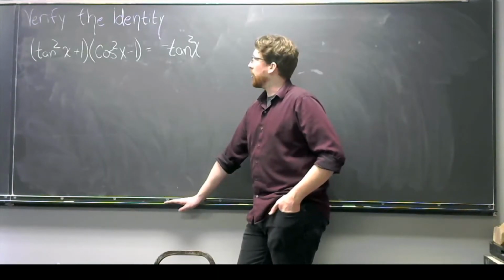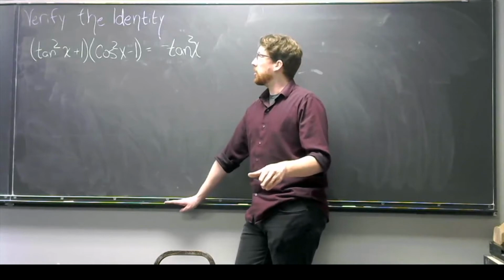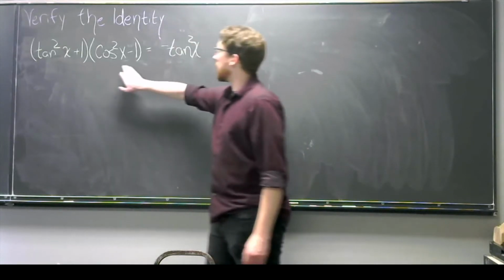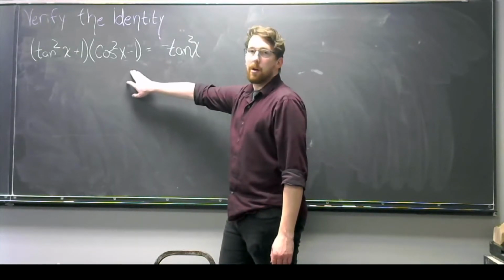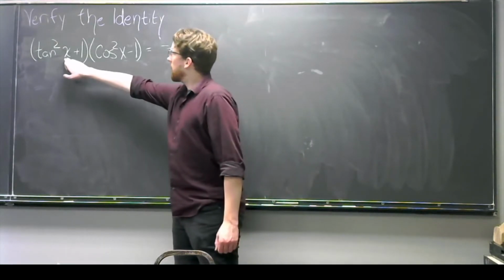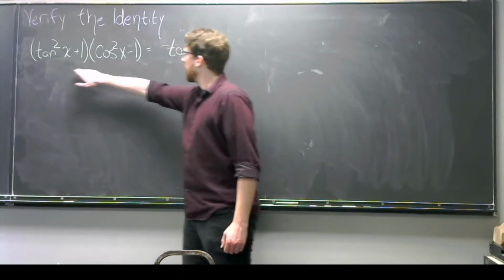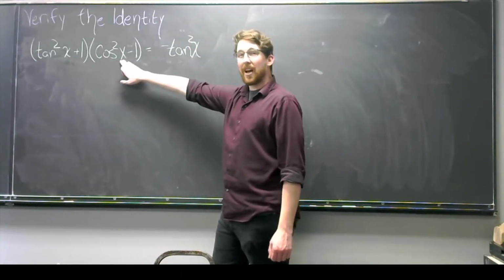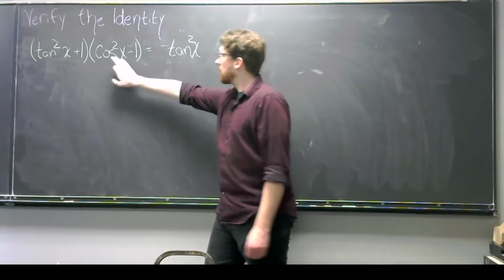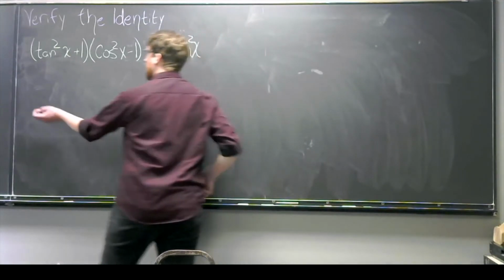All right, so for this problem, your first impulse might be to try to FOIL this out, right? But isn't there an easier way of going about this? If we look, isn't this secant squared? And isn't this negative sine squared? Yeah, they are. They absolutely are.